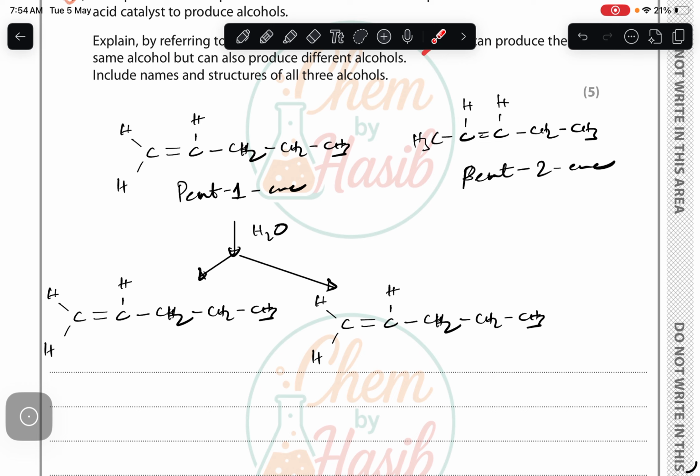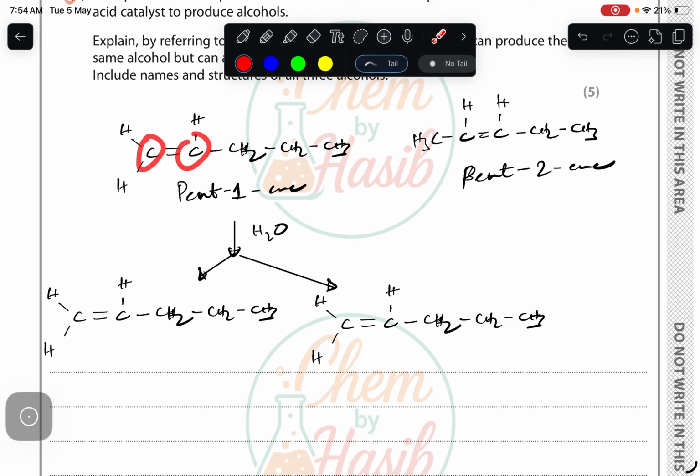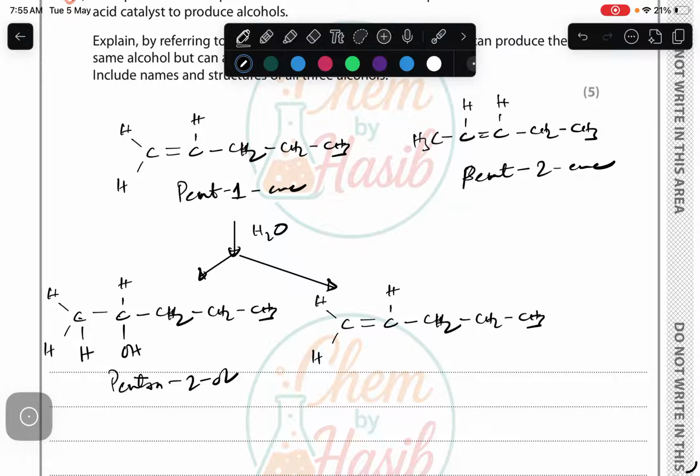If the hydrogen joins the first carbon and the OH joins the second carbon, it produces pentan-2-ol, because there are 5 carbon atoms in the longest chain, and OH is now on carbon number 2.